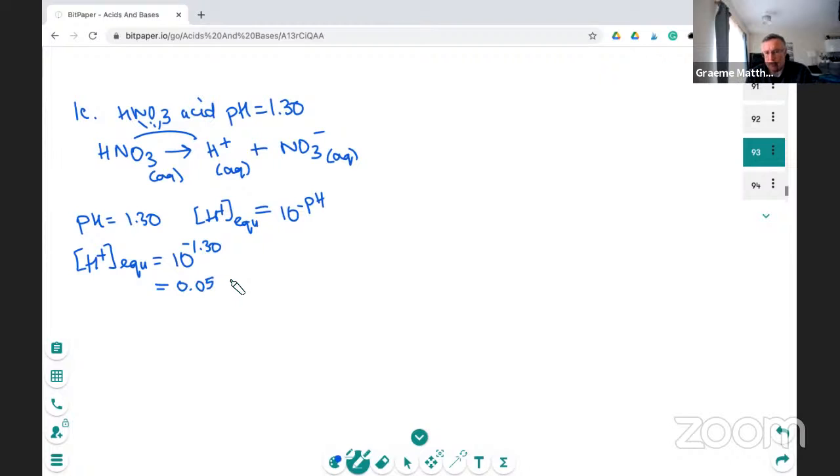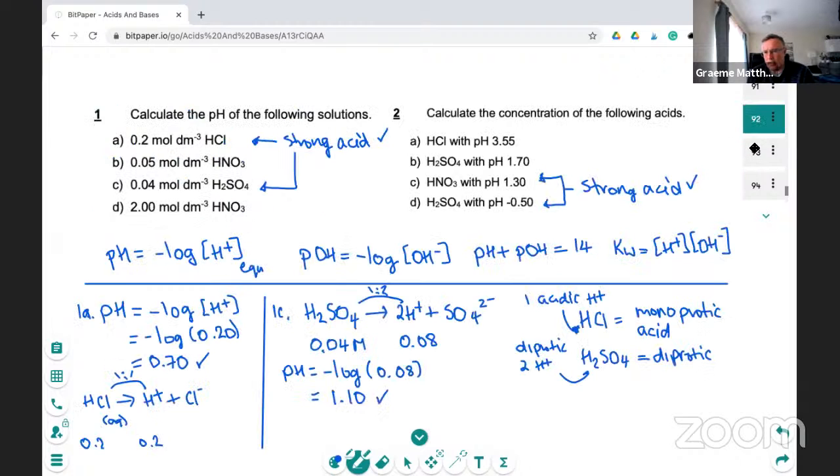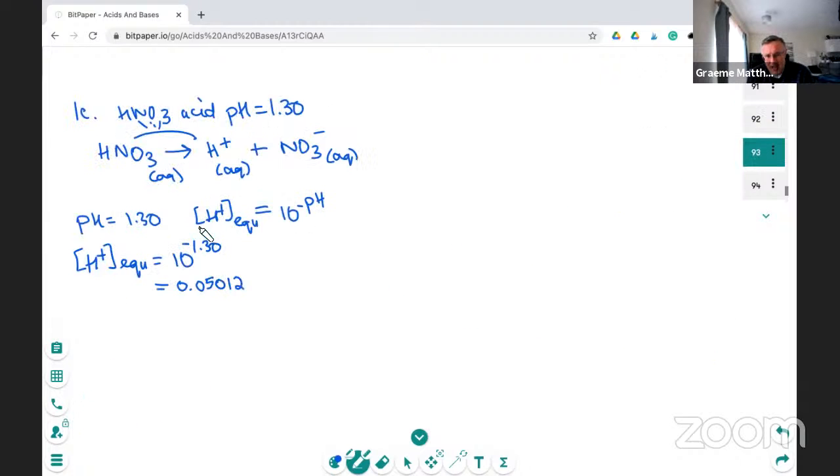Now, what I'm going to do is take this out to 3 significant figures, okay? 0.0501. In fact, let me take it out to one more. I always like to take it out to one more significant figure than what's in the question. And so now I've got this, and I believe the question was calculate the concentration of the following acids.